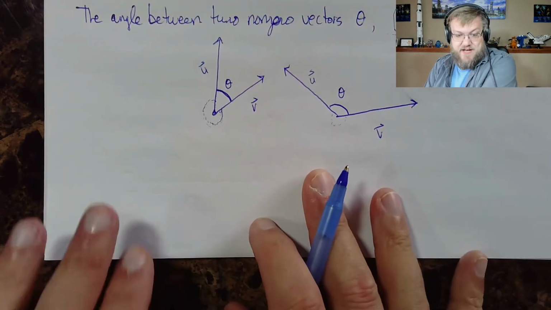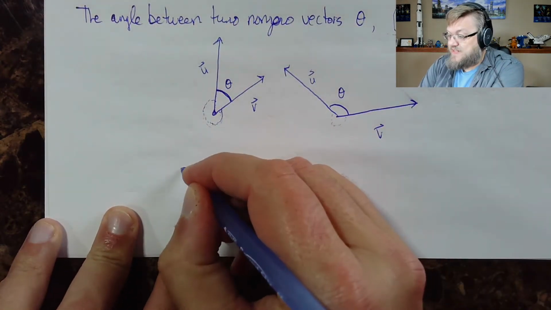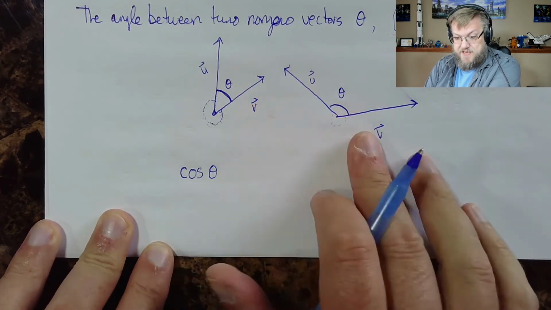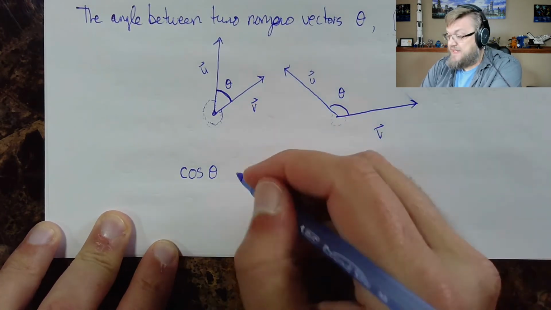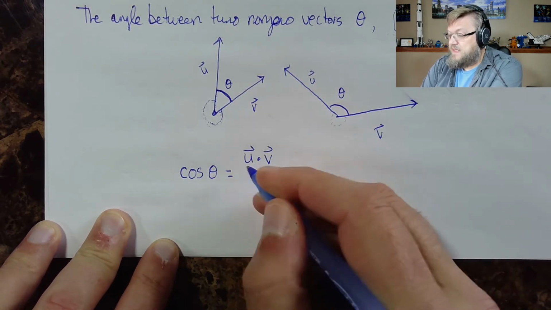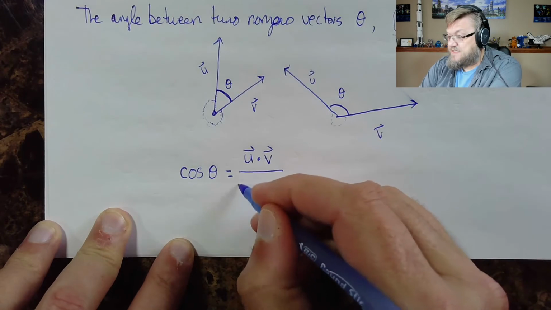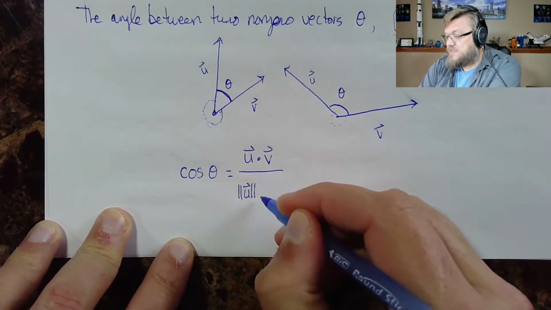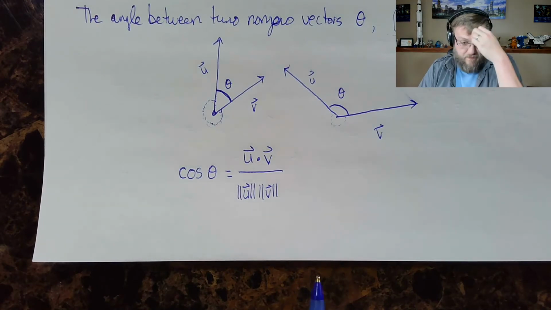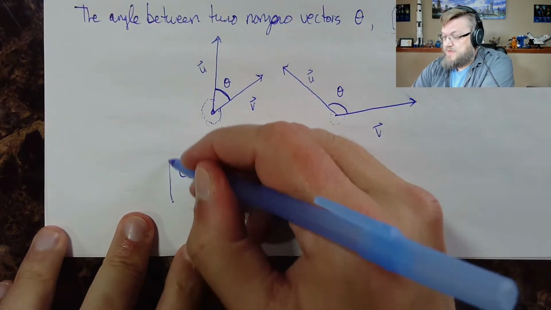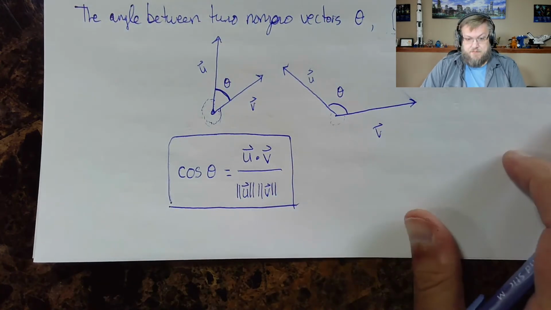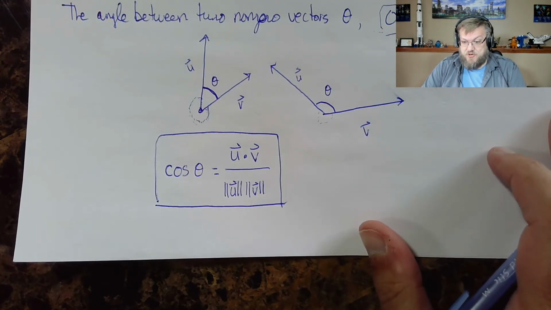And here it is. Here's the following formula. We get that the cosine of this angle theta, where theta is the angle between the two vectors, is equal to the dot product of u and v divided by the magnitude of u times the magnitude of v. Okay? Super important formula right there. Right away, I'll write an alternative formula here.